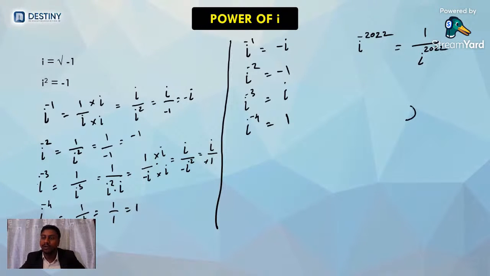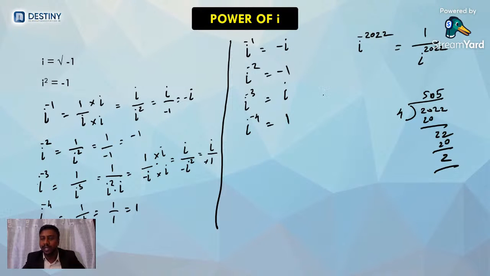Now you divide 2022 by 4. 5 4s are 20, balance 22, 5 4s are 20, balance 2.